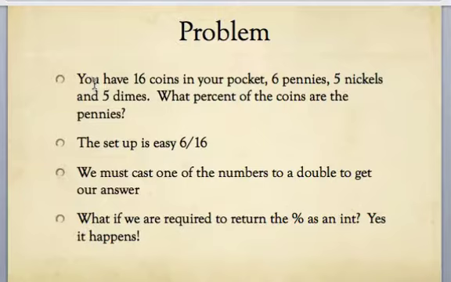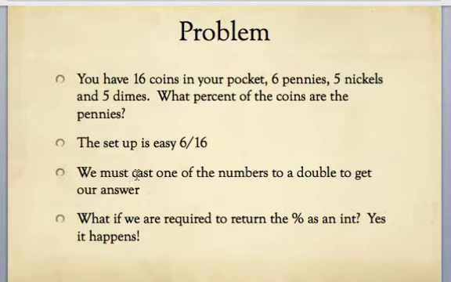All right, if I'm counting coins and I've got 16 coins in my pocket, 6 are pennies, 5 are nickels, and 5 are dimes, as an example. But then you're asked what percentage of the coins are pennies. Well, you're going to set it up as 6 divided by 16, but that's going to give you 0 in int math.